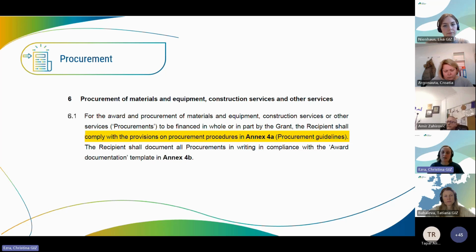Most of the findings from our audits circle around the topic procurement. So it's really, really important that you know these rules by heart and check everything that is important with procurement.